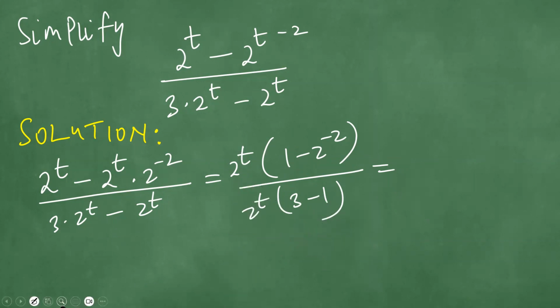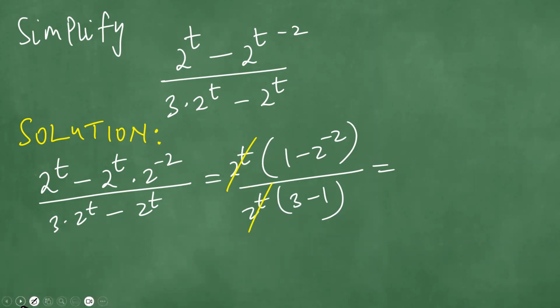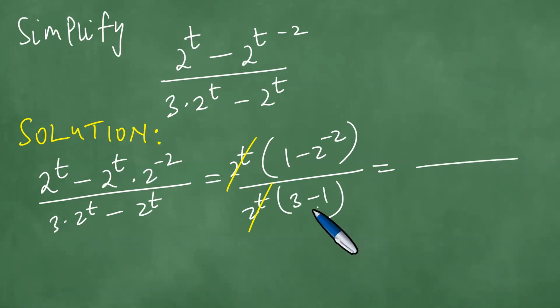Okay. The 2 to the t cancels out. In the denominator, what is 3 minus 2? It's only 2.